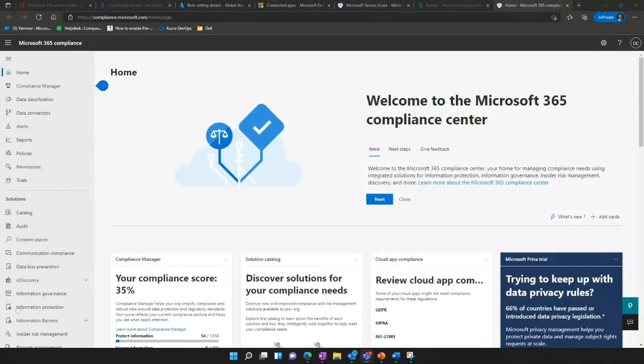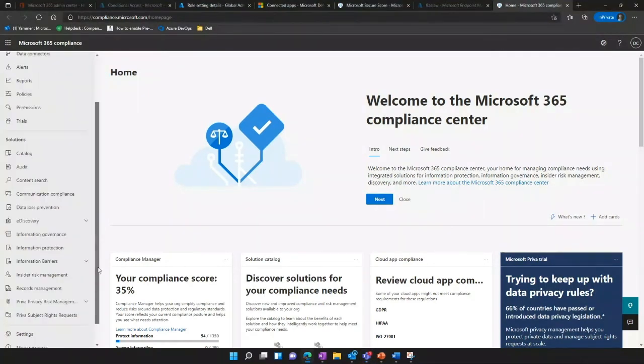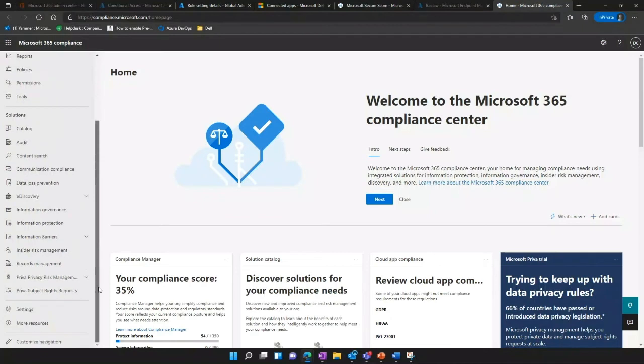I won't step through compliance too much, but just to underline the importance of the part of the Zero Trust model that looks at your apps and data. So applying information protection to label, classify and protect your documents. Data loss prevention as well to protect your sensitive information from leaving the organization. But then also Compliance Manager.